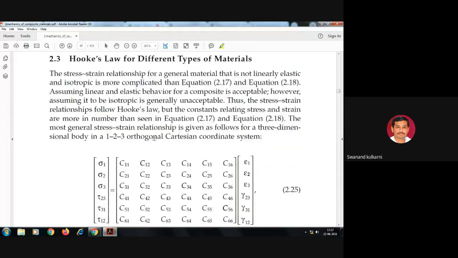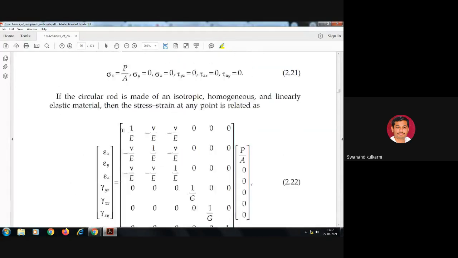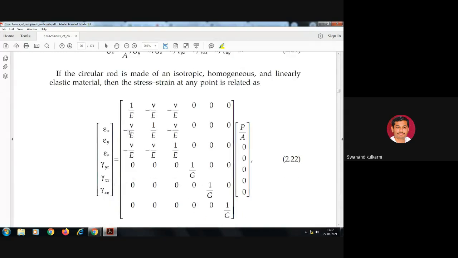So if we compare this S11 with this particular matrix, because we know that for uniaxial, biaxial and triaxial stress systems, how the stress and strains are related with each other. If we consider sigma 1, sigma 2, sigma 3, or sigma x, sigma y, sigma z, and the shear strains, likewise shear stresses tau yz, tau zx, and tau xy, then these row elements and column elements are interrelated with each other.